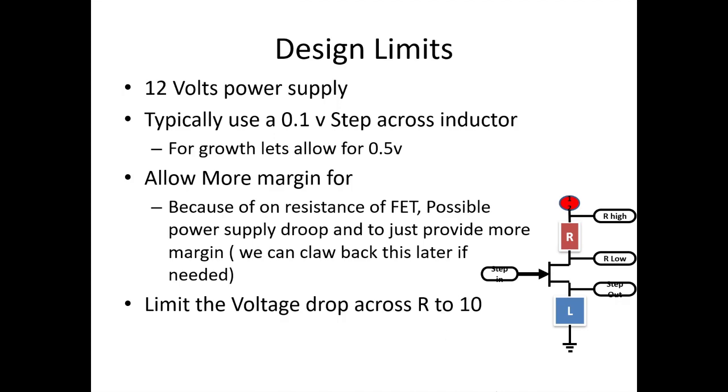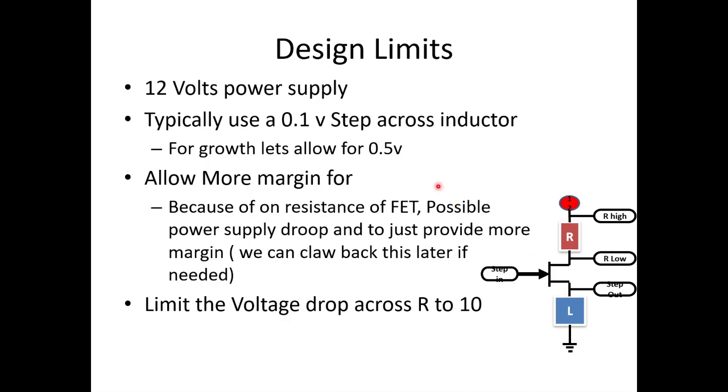Typically, when we do this step, we usually have 1/10 of a volt across the inductor. So if we have 1/10 of a volt across the inductor, well, that leaves 11.9 volts of available margin here.